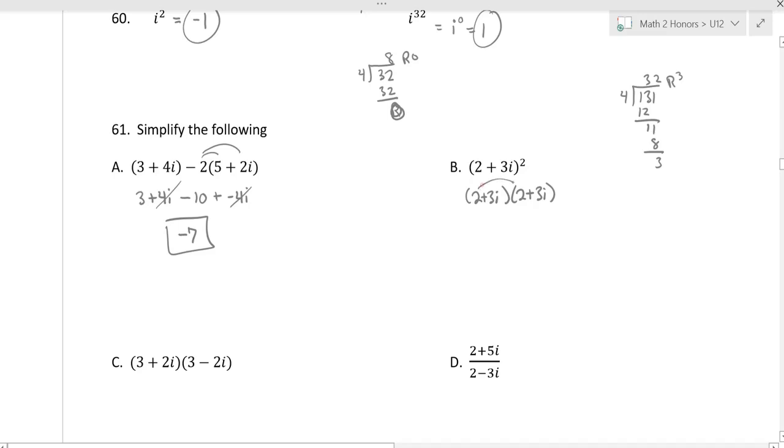Distribute. So 2 times 2 is 4, 2 times 3i is 6i, another 6i, and then a 9i squared. Remember, i squared is negative 1, so this is 4 plus 12i plus 9 times negative 1, which is negative 9. So 4 minus 9 is negative 5, and you have the plus 12i.